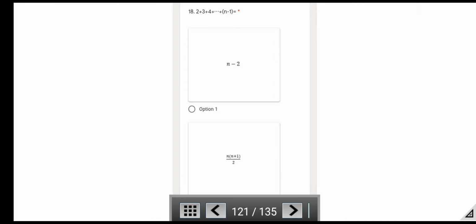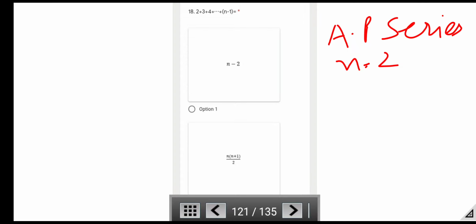Next question. 2 plus 3 plus 4 and so on up to n minus 1. This is an AP series with n minus 2 terms, because 1 and n are missing, so the total number of terms is n minus 2.